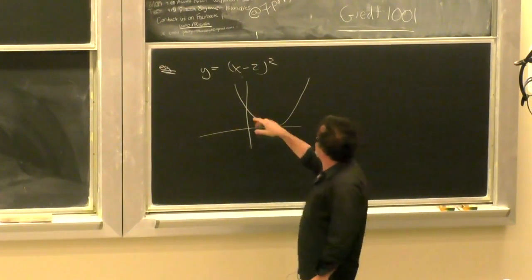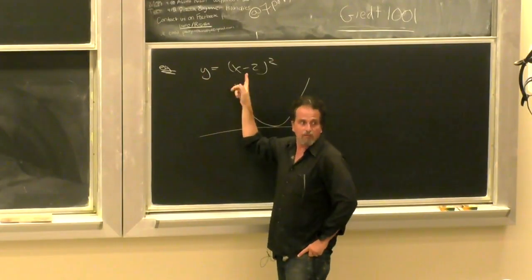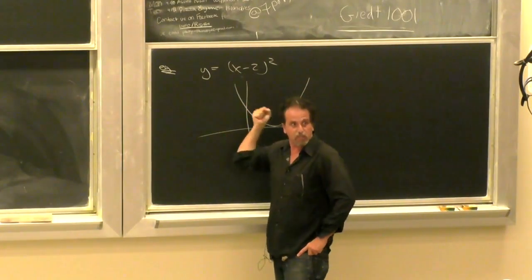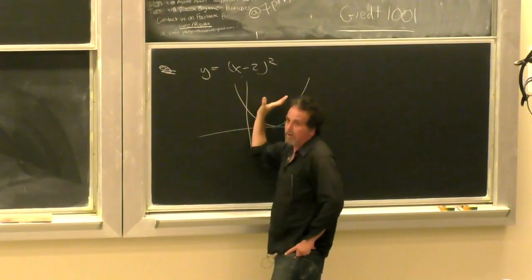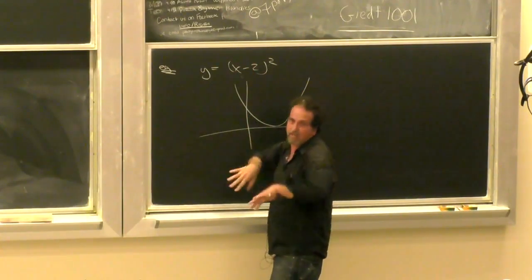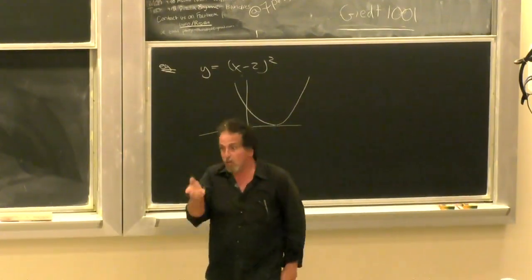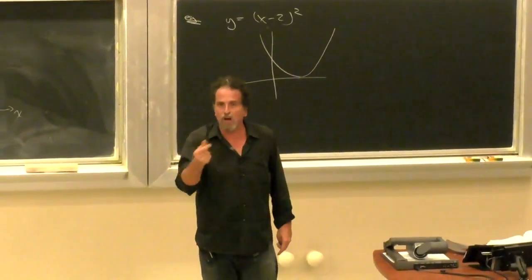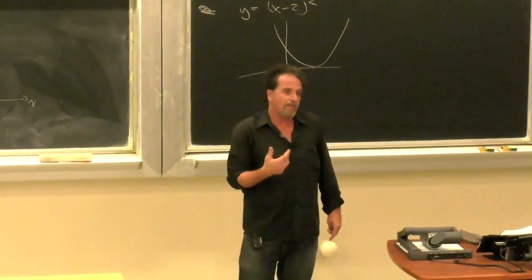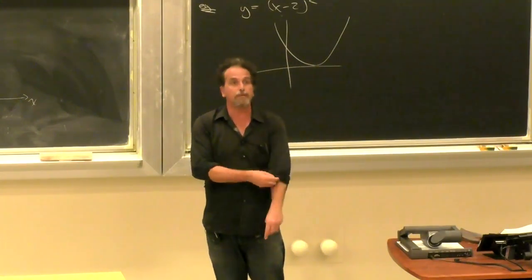If the canonical parabola is y equals x squared, and I replace x by x minus 2, that's like shifting it to the right 2. If I add a 1 here, that's like shifting it up 1. If I multiply by a negative, it's like flipping the whole thing down. We know how to look at some explicit representations and read off the shape pretty quickly, and that's really what you need to get adept with.